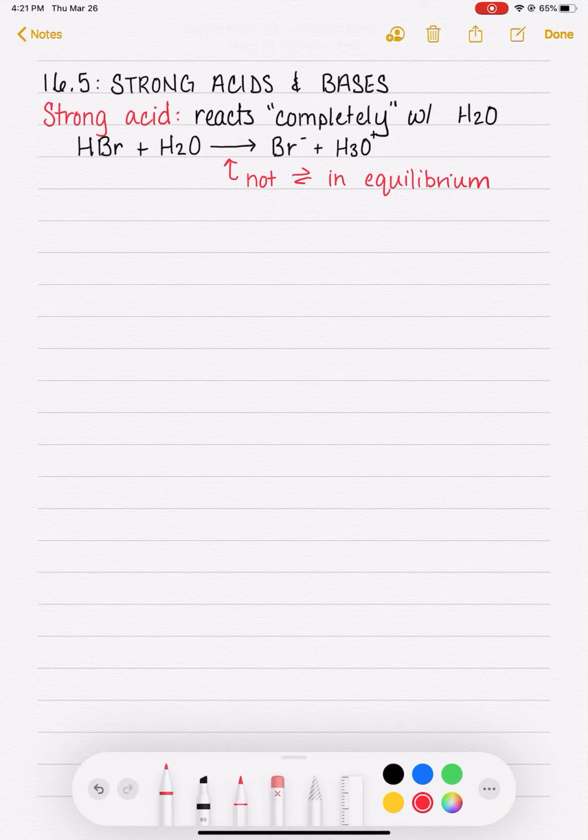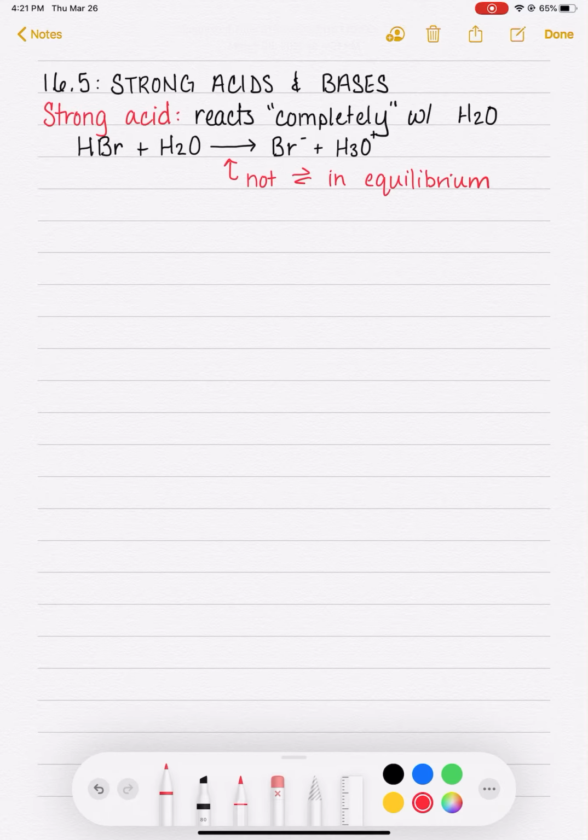All chemists agree HCl, HBr, and HI are strong acids. We also agree nitric acid, HNO3, and HClO4 are also strong acids, and sulfuric acid, H2SO4, is a strong acid.